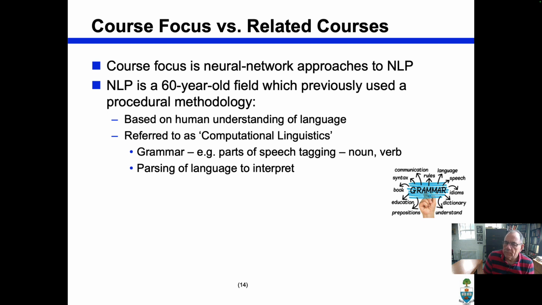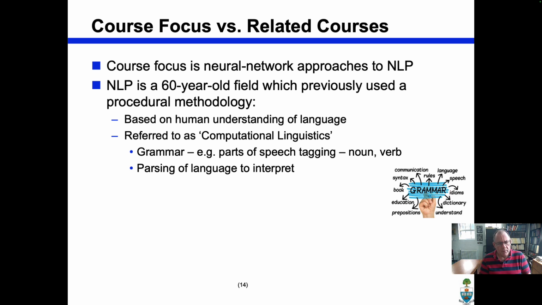But the old kind of NLP talked about grammar, like the parts of speech, such as a noun, verb, or an adverb, or an adjective. And it would think about those things and structure its understanding of sentences based on that. And it would use what's called parsing of language to interpret. Parsing was always used to bring in computer languages like Python or C or Java.